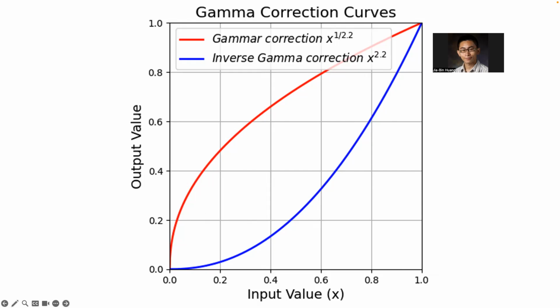You can see between 0 and 0.2, the light is darker and the intensity is small, but it gets stretched into 0 to around 0.5. Okay, so you use more bits to represent that small range. That way you are more efficient in terms of how you encode the light.